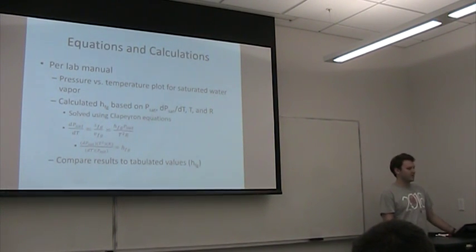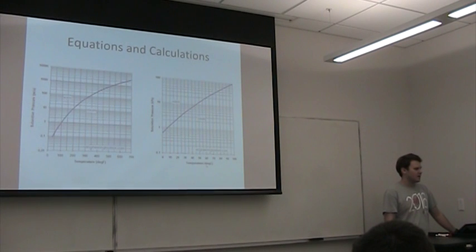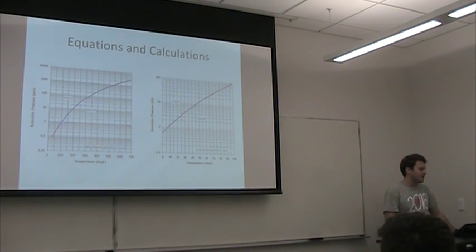And we want to take these values that we find experimentally and compare them to tabulated values for latent heat. Here are pressure versus temperature plots for water vapor that I found on the internet. As you can see on the left-hand side, you have English units, and on the right-hand side, you have metric units.